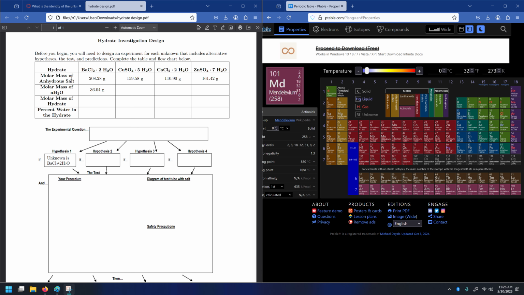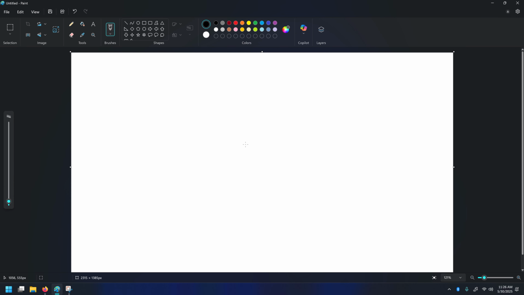Now, the molar mass is a ratio. It's telling us how many grams of the substance there are for every X number of moles. For convenience's sake, since moles is on the bottom, we always set it as 1. And so we're looking at grams per mole of something.